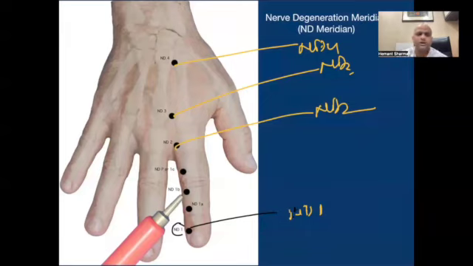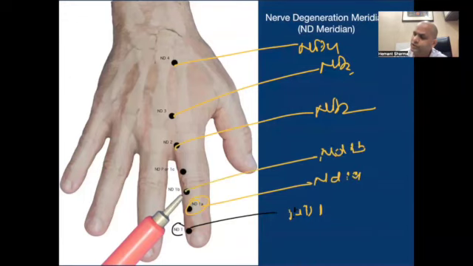Then they gave the names like ND1A, ND1V, so ND1A, ND1V. In that way, he gave A, B, C points, like 1A, 1V, 1C, right? So these are the nomenclature given by Dr. Voll. So this is the nerve degeneration meridian.